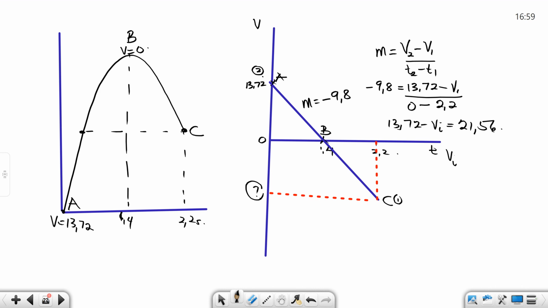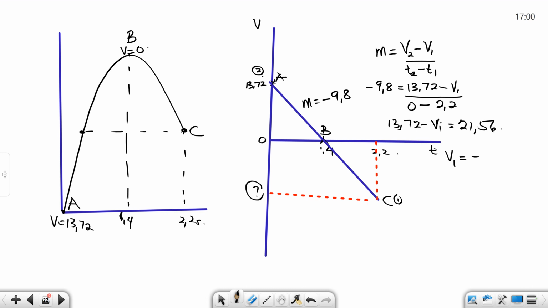All right, can we get V1 now? We move that over to that side. No, not VI, V1. All right, V1. What's your final answer? Negative?